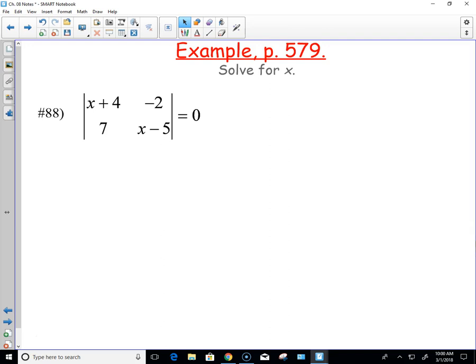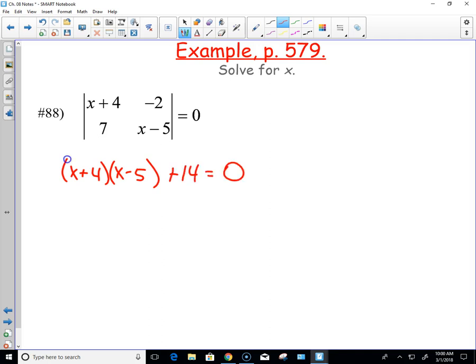All we got to do is AD, right? Minus negative 14, which would be plus 14, yeah? Is this that bad? No, because then all you have to do is go ahead and FOIL.